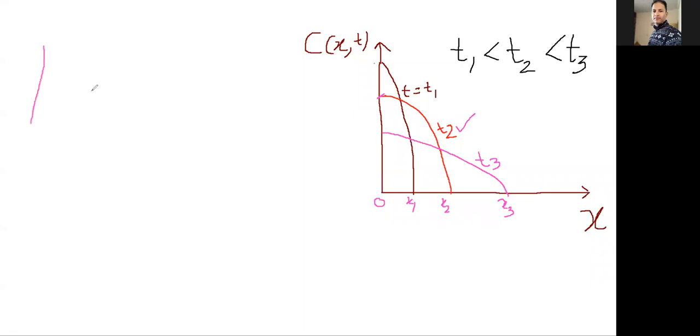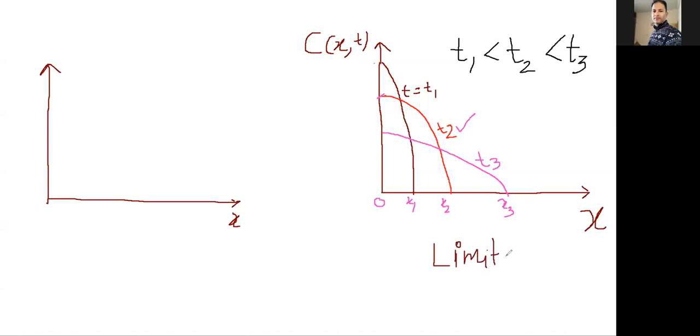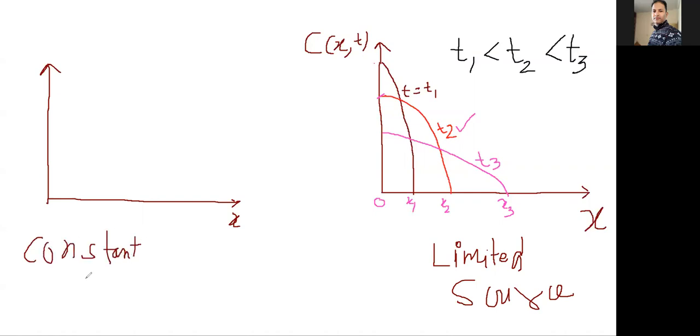If you recall, this one we have drawn for limited source, and here it is for constant source diffusion.